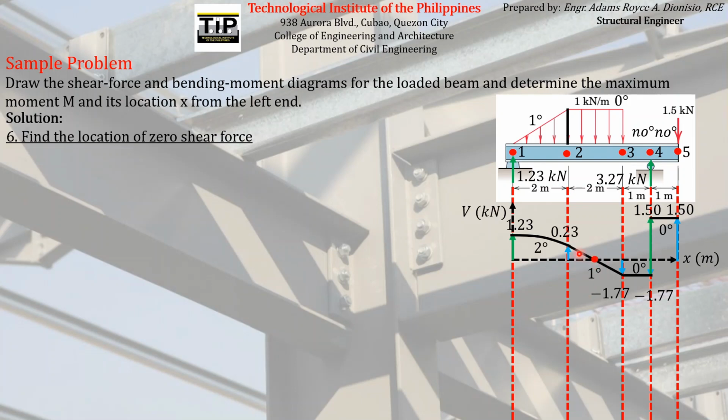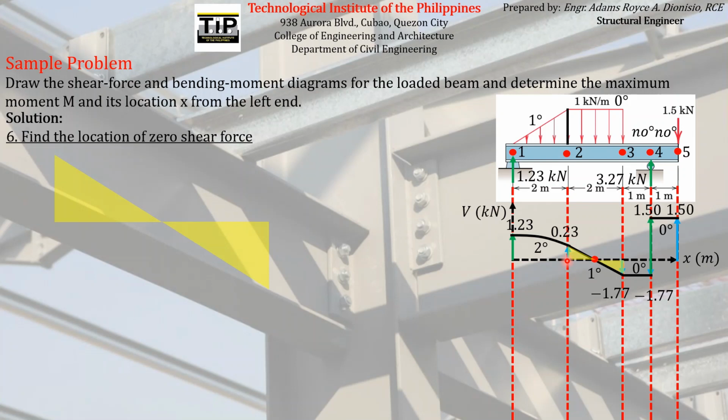If you notice, this is a straight line which cuts this horizontal axis. Because of that, a triangle is produced on this portion and this portion. If we zoom in, they look like this. And what are the dimensions of these two triangles?